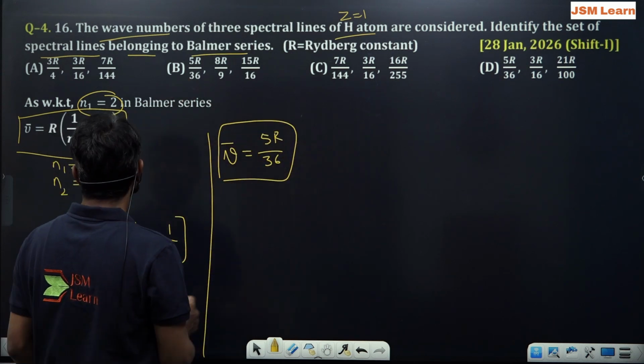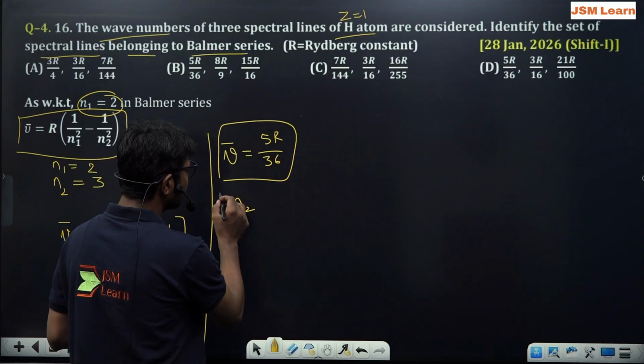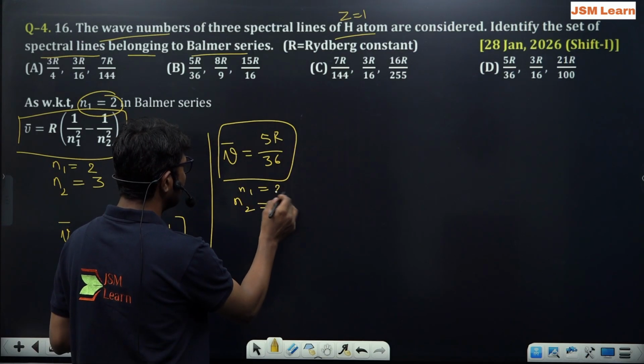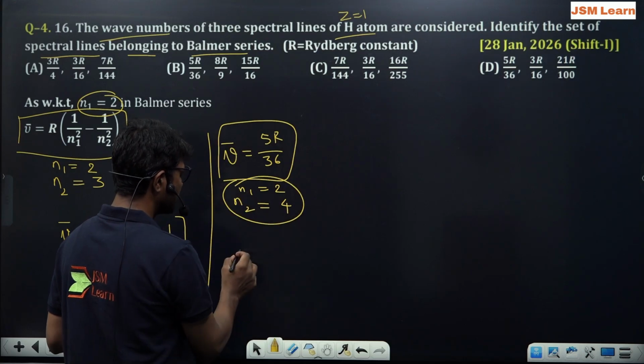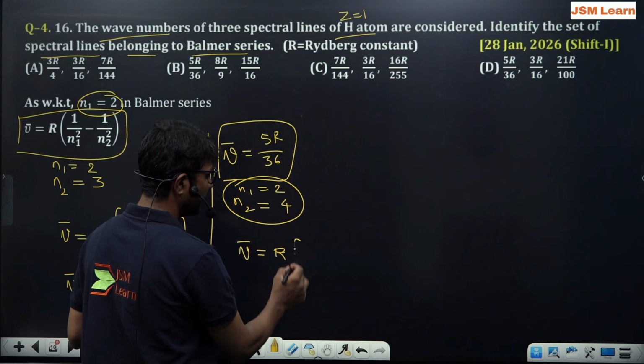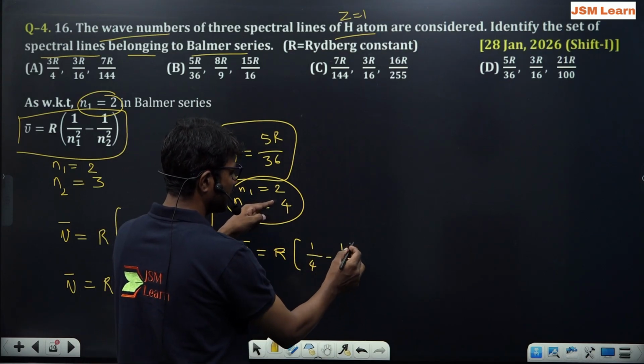Now let us see the next one. By taking the N2 value as 4 and the N1 value as 2 for the Balmer series, by substituting all these values, mu bar is equal to R into (1 by 4 minus 1 upon 16).